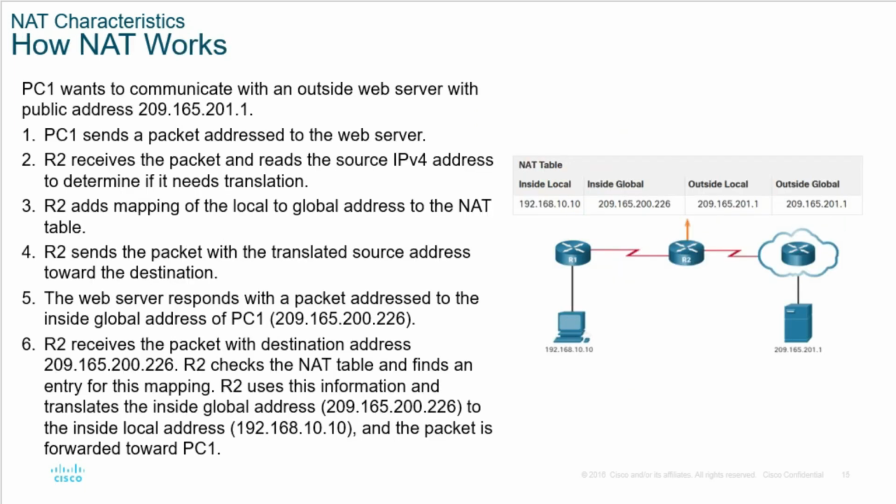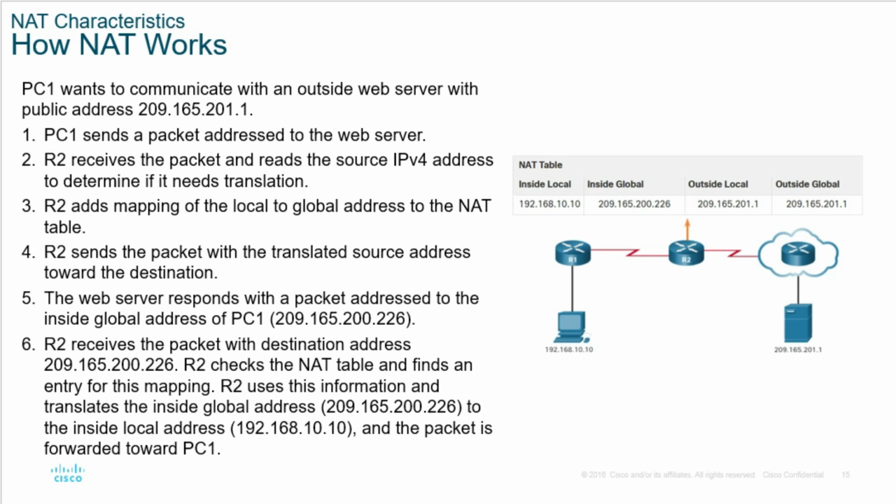So inilah satu contoh topology, a very simplified topology. Kita ada this router 2 as the NAT router and this is R1, the stub router that is connected to R2 untuk communication dengan dunia luar.